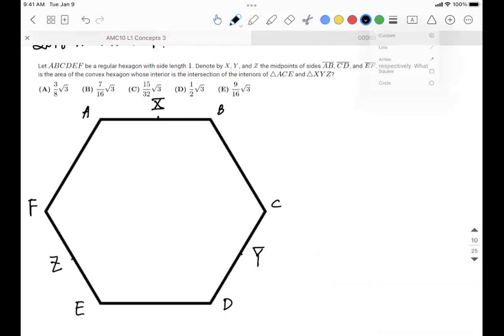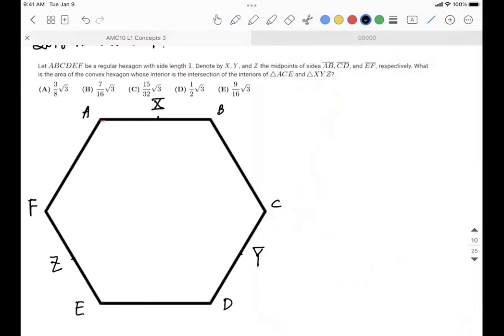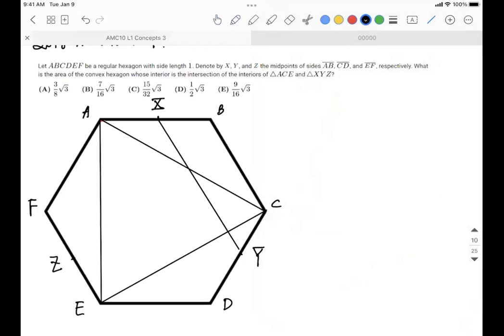XYZ? I have to figure out what is ACE. So the first one is ACE. Let me try to find out this shape. ACE, AC is such a triangle. And XYZ.